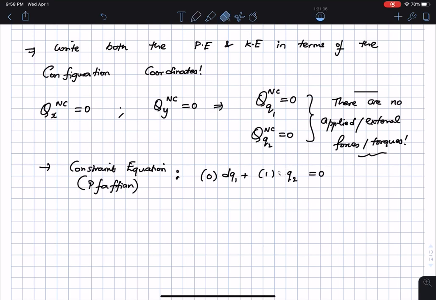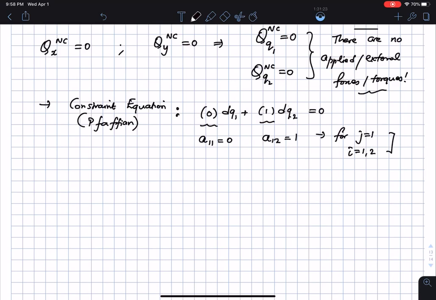Just want to rewrite that again. And so this tells me that a11 is 0, a12 is 1. Okay, this is for j is equal to 1, i is equal to 1 and 2. Now I write the Lagrangian formulation.